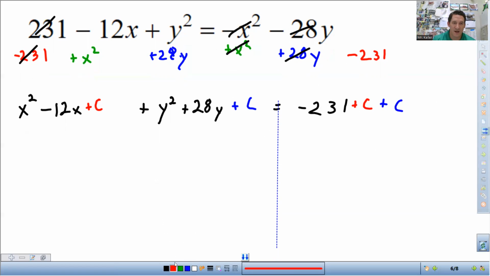So starting with the red c, it's going to be negative 12 over 2 squared. Negative 12 divided by 2 is negative 6. Squared is positive 36. Change this red c to a 36 on both sides.